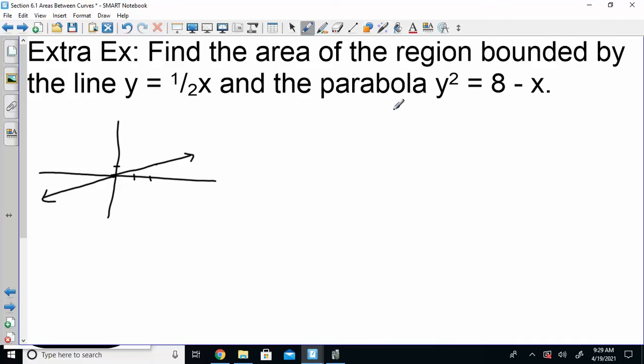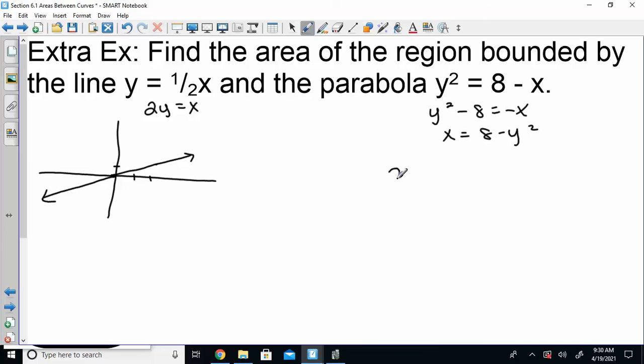You can always plug in some points if you need to graph it, or we could go ahead and find the intersection and use that to help us. We would need to solve for x on both of these, so this would be 2y equals x. This would be y squared minus 8 equals -x. So x is 8 minus y squared.